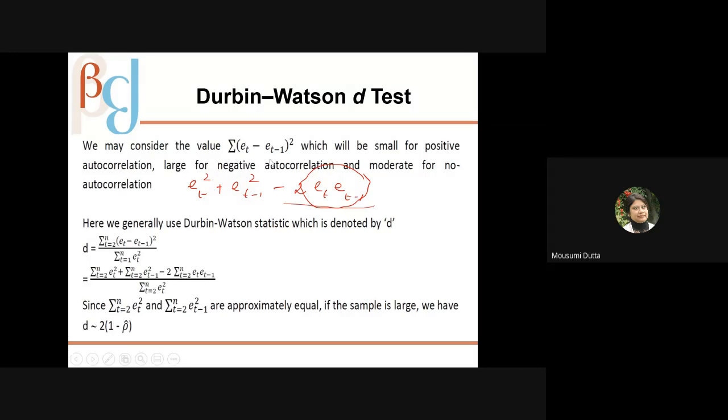This is how summation et minus et minus 1 whole square can respond to positive autocorrelation, negative autocorrelation, and no autocorrelation. Now, please check and tell me if anyone has any question up to this.